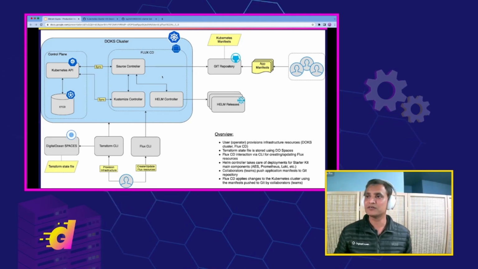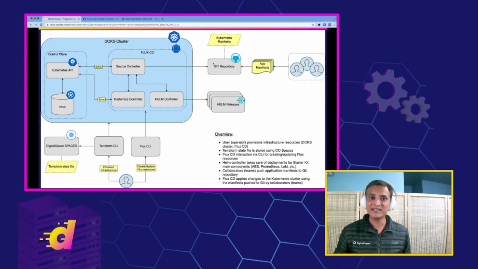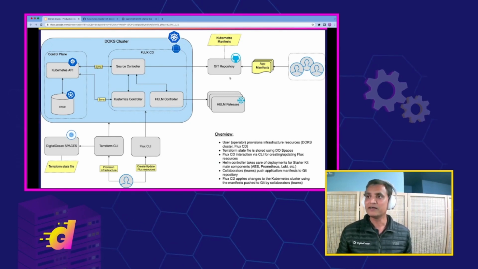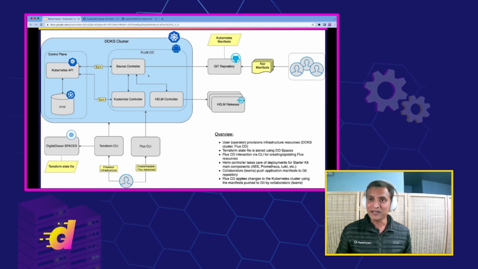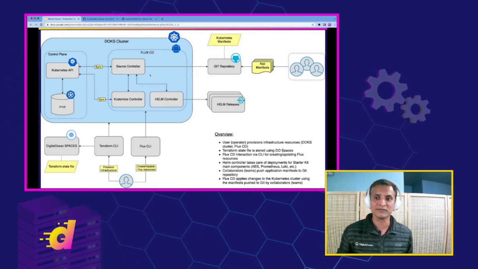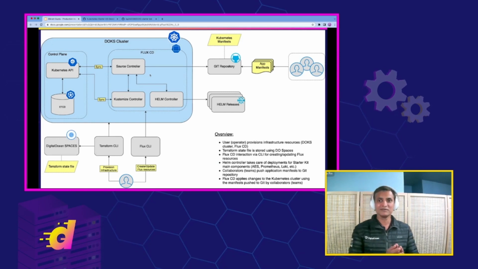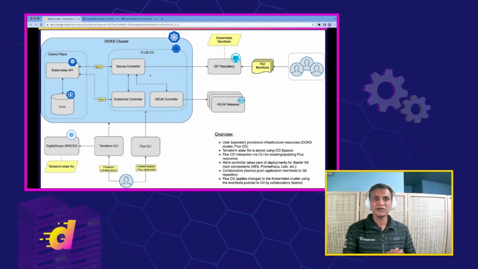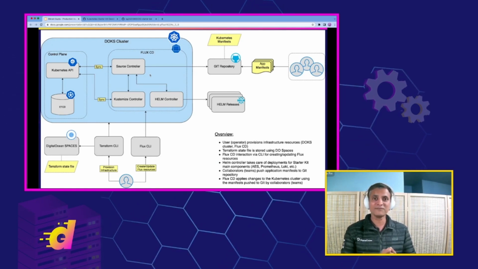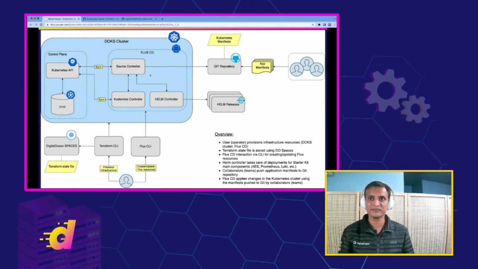So with GitOps, the configuration stays in the Git repo, and I'm going to show that in a moment. And Flux ensures that that configuration is synced onto the cluster. So to repeat, use Terraform to bootstrap your cluster, use Terraform to install Flux and initialize it.